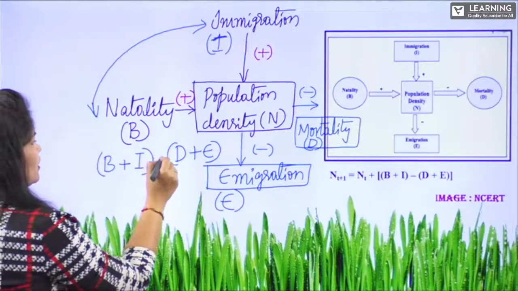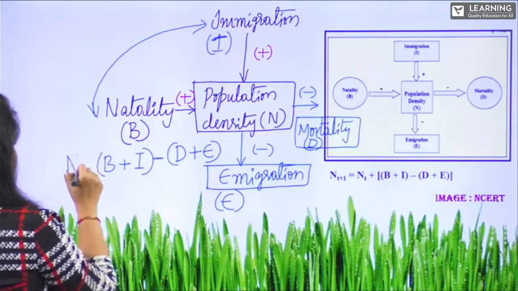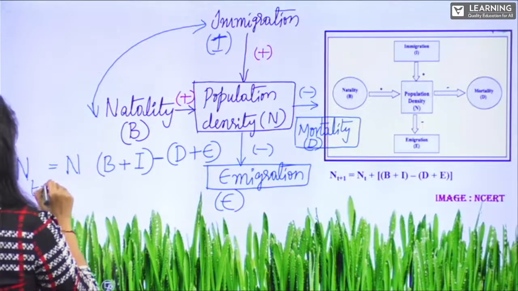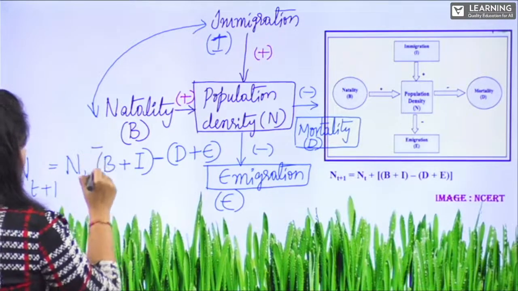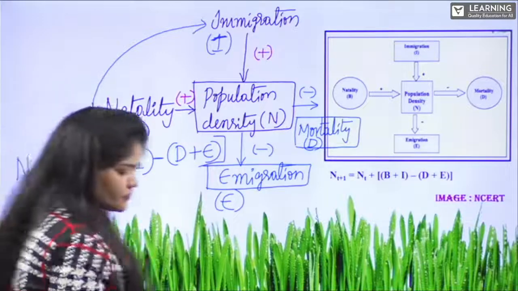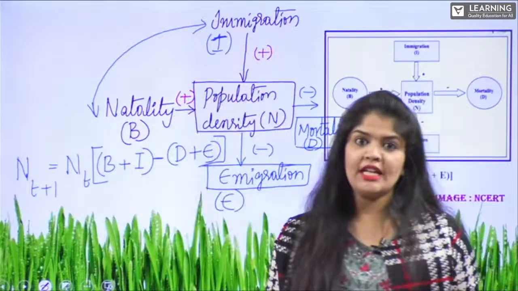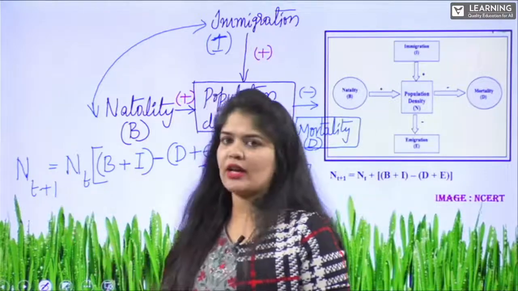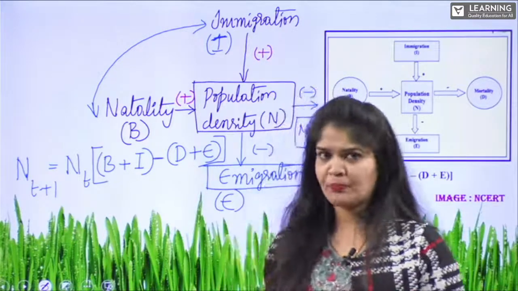So to get the population density at the time t plus 1, that is the new period of time.